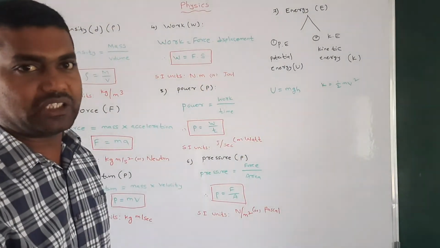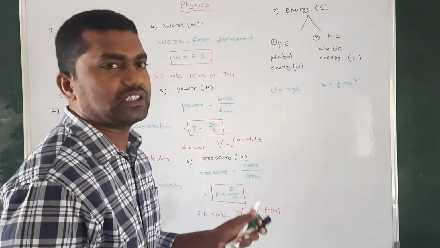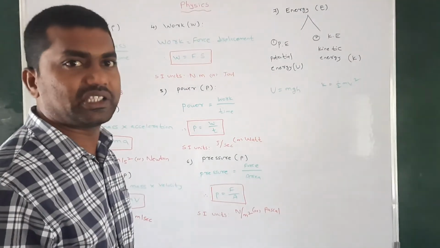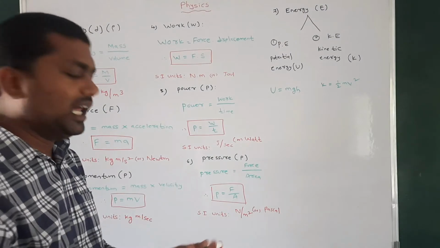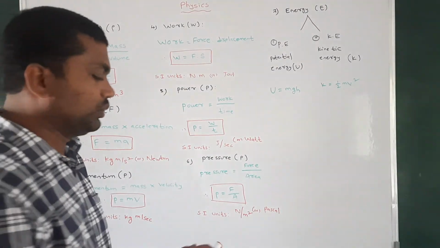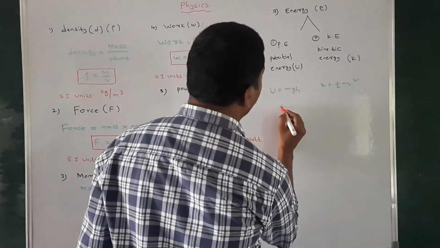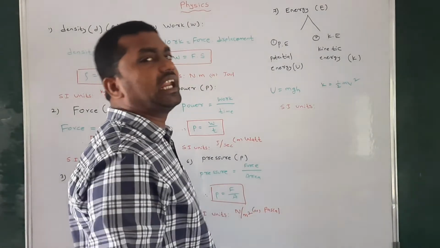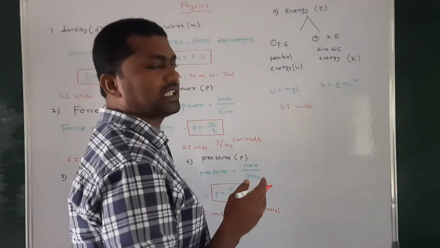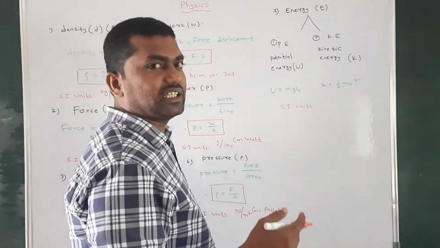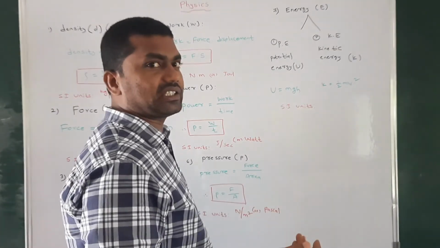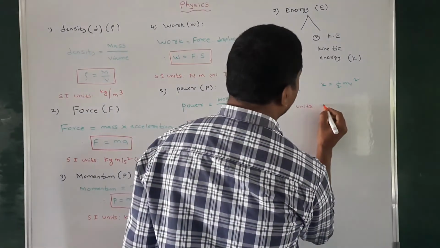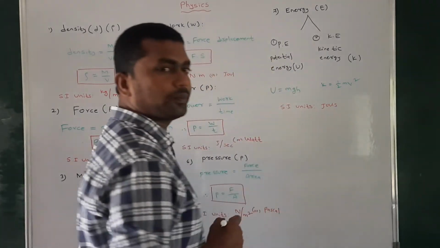Any type of energy, potential energy, kinetic energy, strain energy, elastic energy, spring energy, can be measured using SI units. The SI unit of any energy is the joule.